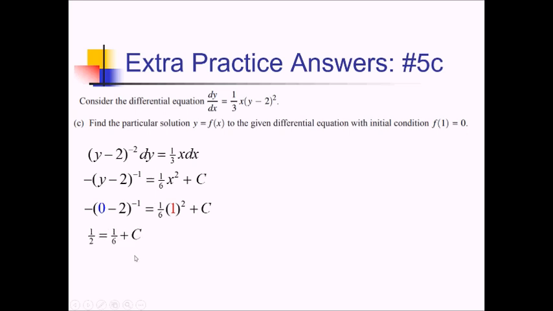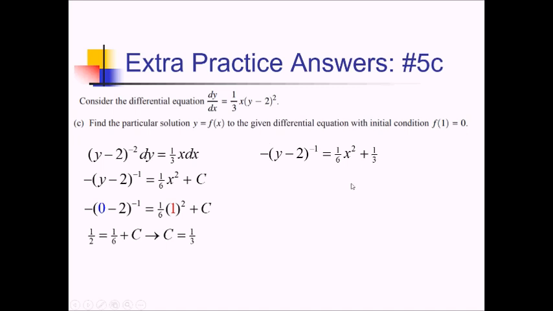So 1/2 minus 1 over 6 gives me 1/3. There's my c value. I can now plug that in up here for this c. And now I'm going to start isolating y, which is what I always need to do to call these problems done. So let me start by dividing everything by negative 1. So we have negative 1 over 6 x squared plus or minus 1/3.